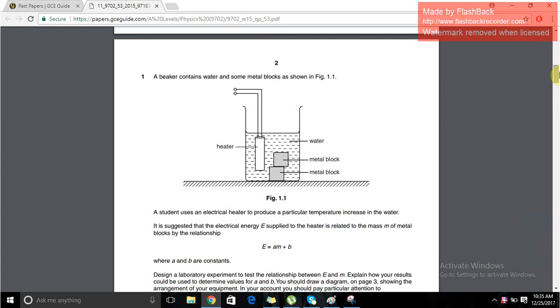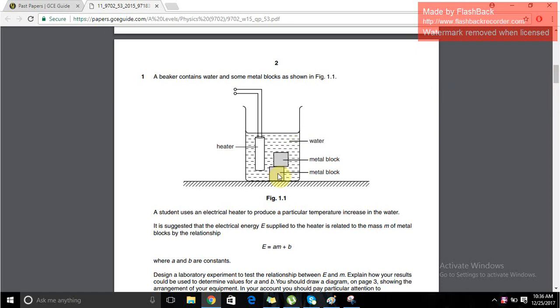A beaker contains water and some metal blocks as shown in figure 1.1. So we basically have a beaker that contains water, and within that water we have immersed some metal blocks. Two of them are visible in the diagram, right?